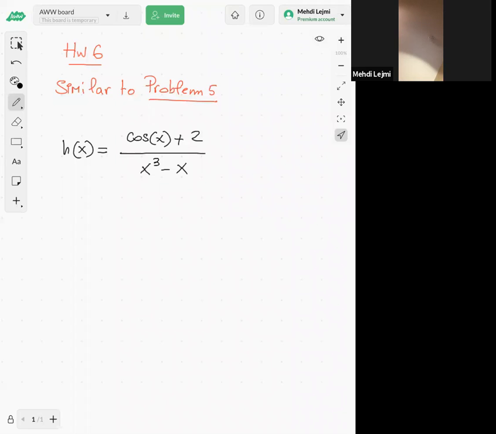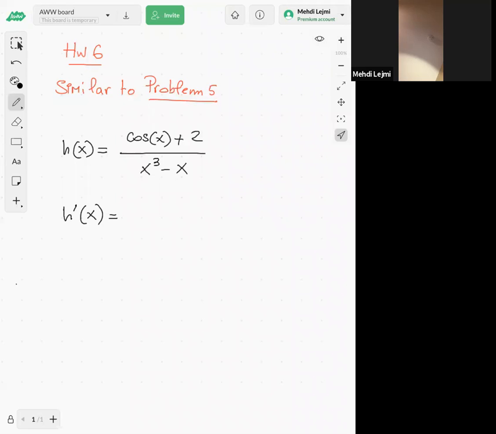Again, guys, whenever you want to compute the derivative, h prime of x, you have to ask yourself which rule am I going to apply? The rule you apply depends on the form of the function. If the function is a product, a multiplication, then you apply the product rule.